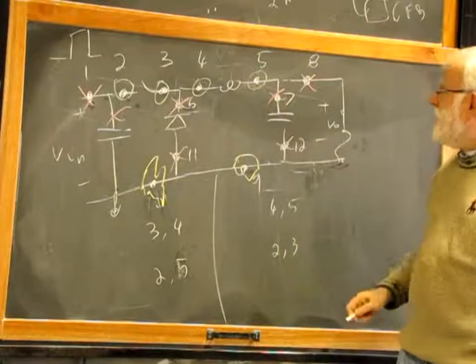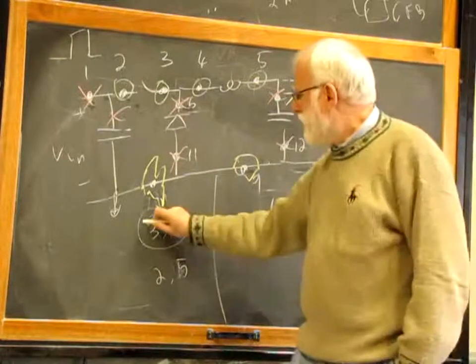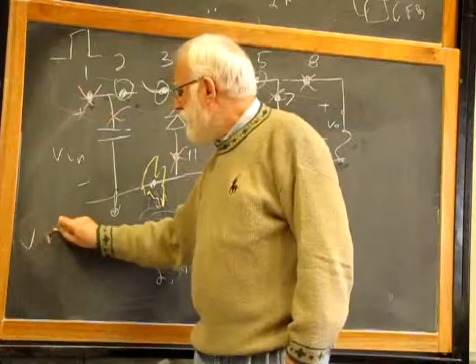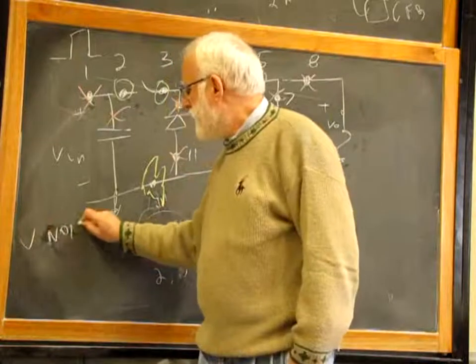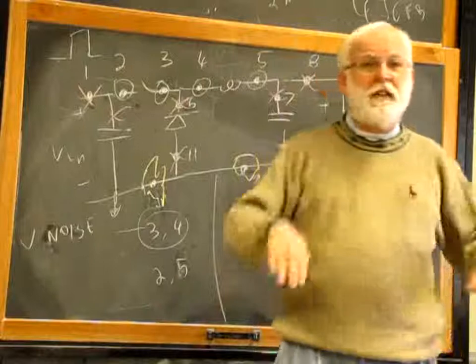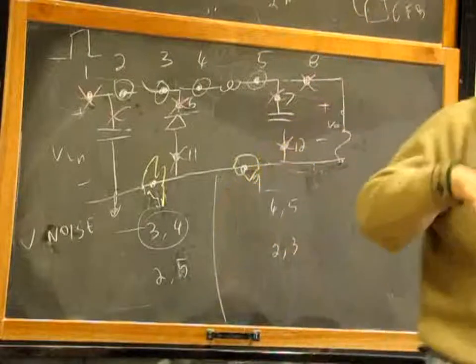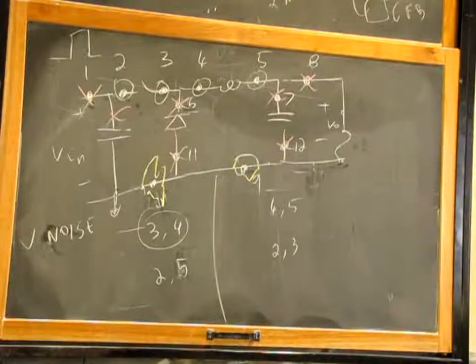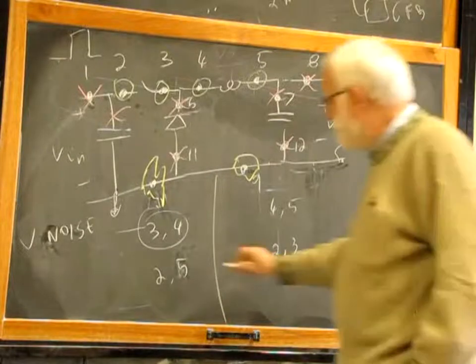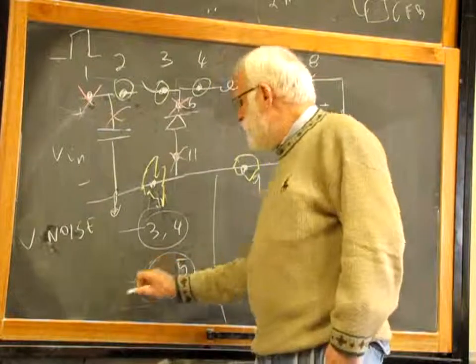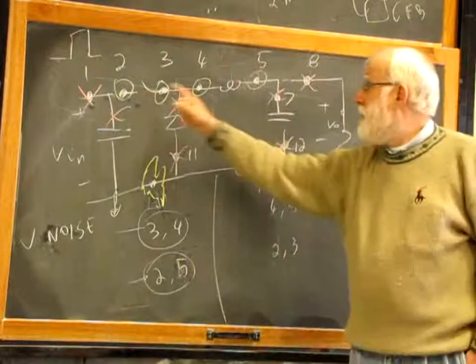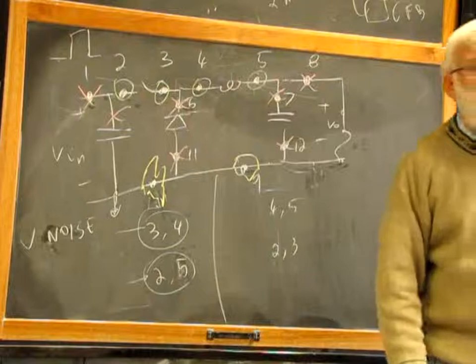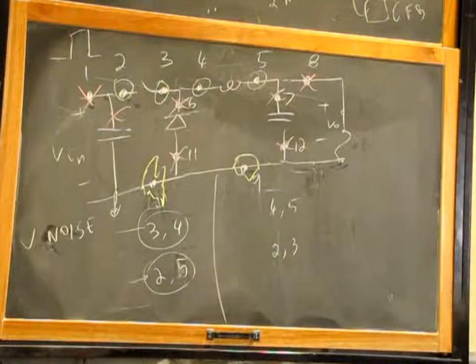Yes. So 3 and 4 have noise. That means they are swinging up and down from 0 to Vin, to 0 to Vin. And in some cases you could have a problem to measure it. We will see it in a moment. On the other hand, 2 and 5 have DC voltage across them.